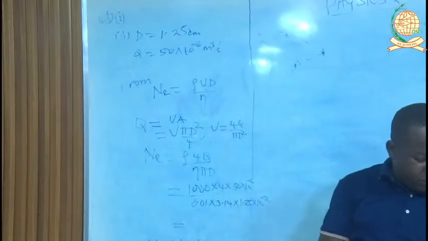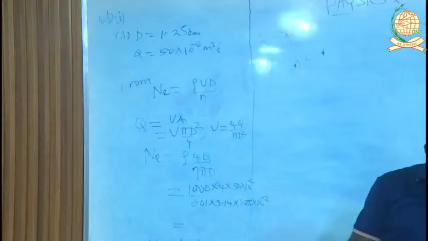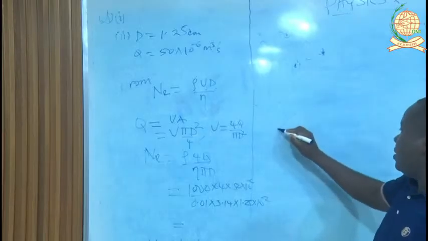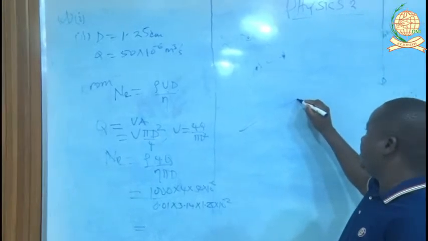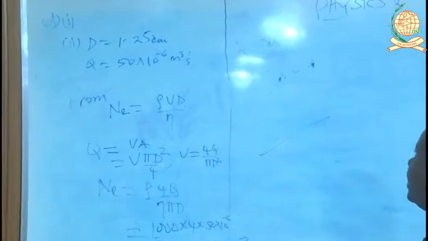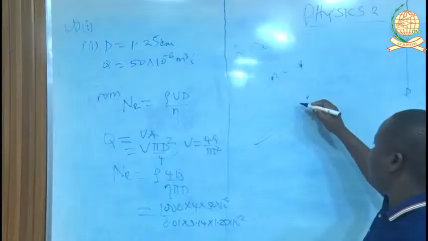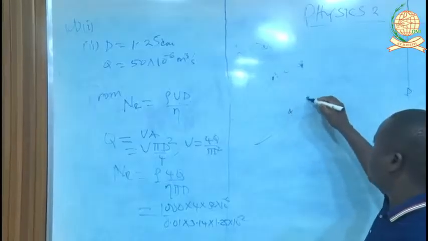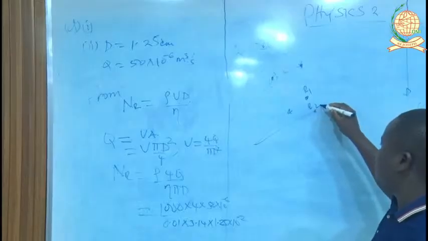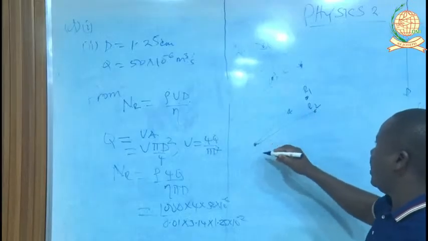If I move to Roman 2, define path difference. Path difference is just the difference in the two distances taken by two waves or two rays. For example, if this is ray 1, this is ray 2, then they meet here.